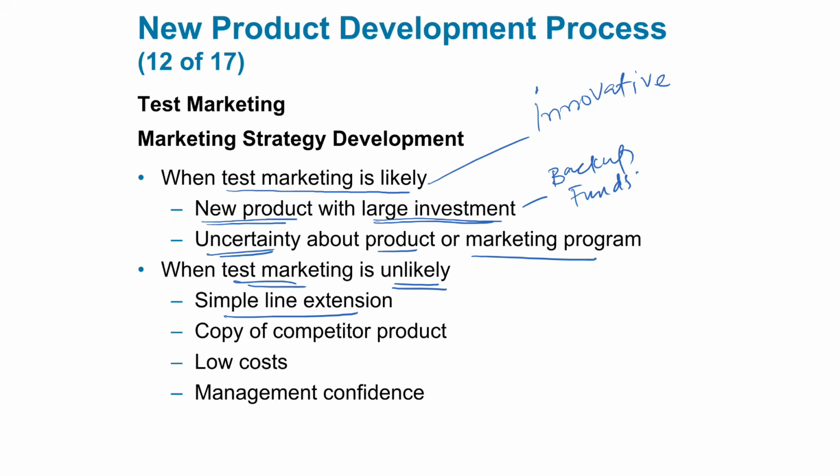So existing product, for example, you're launching a different color of the same variant, or a different taste of the same variant. So that is just simple line extension. For that you probably don't need extensive test marketing. Some companies do that though, depending on how much funds you have. If you are doing a copy of the competitor product, what did we call it? We call it imitation.